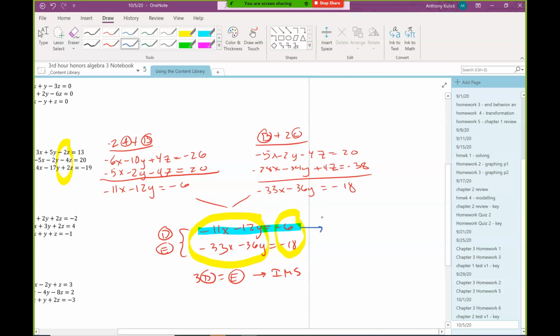So if I look at this, it doesn't really matter there, right? One isn't any easier than the other. So for the sake of argument, let's isolate the x. Okay with that? So I'll add the 12y to both sides and then divide by negative 11.